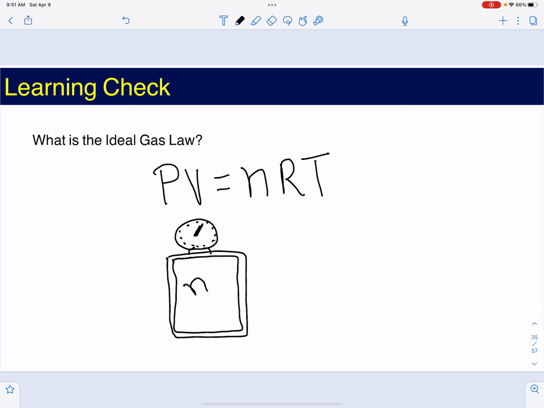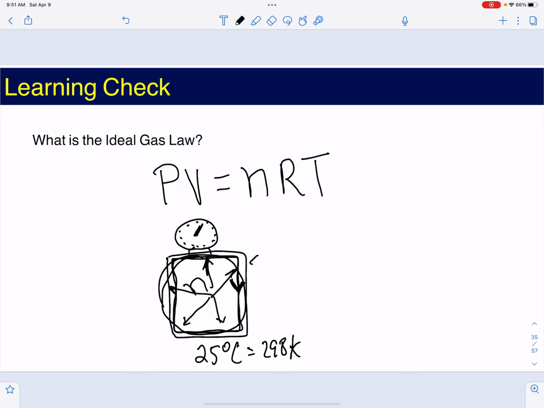The volume is given by the space it takes, so that would be your volume. And let's say there is a 25 degrees Celsius or 298 kelvins, that will tell you how much the pressure is. So you can calculate the pressure based on those conditions.